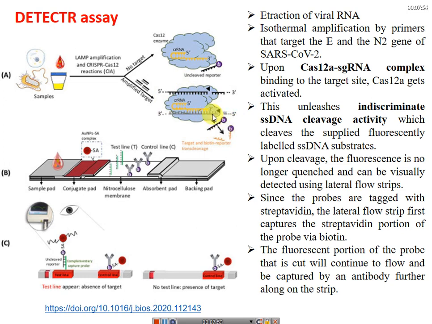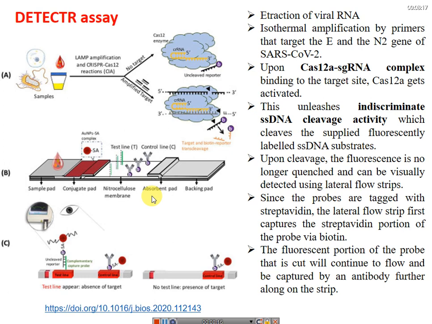Okay, so this reporter now gets cleaved. As you can see, this reporter has a biotin signal that can be detected on the lateral flow assay. Upon cleavage, the fluorescence is no longer quenched and can also be detected visually or on the lateral flow.